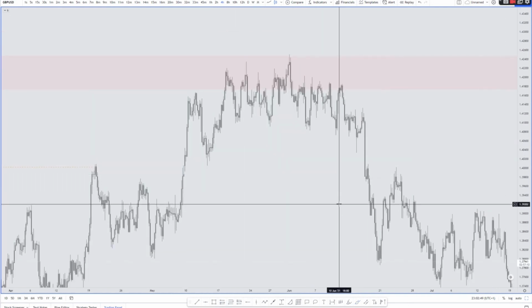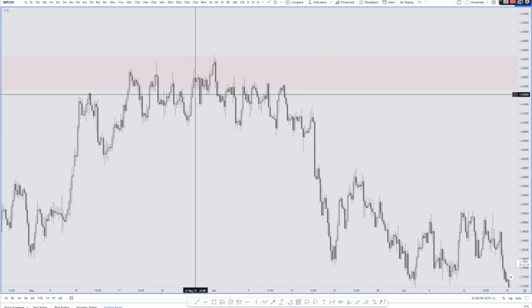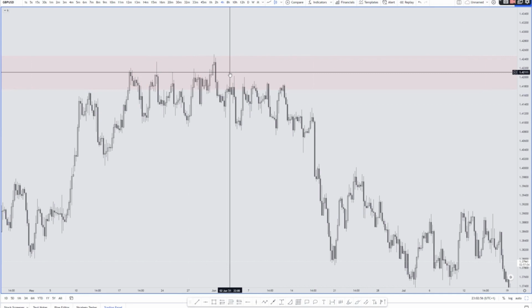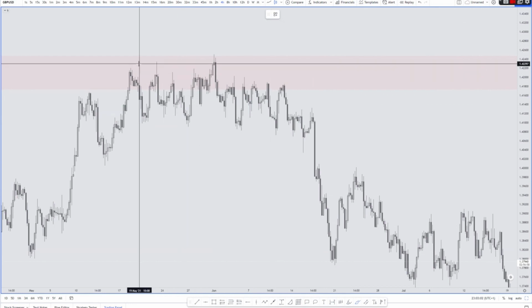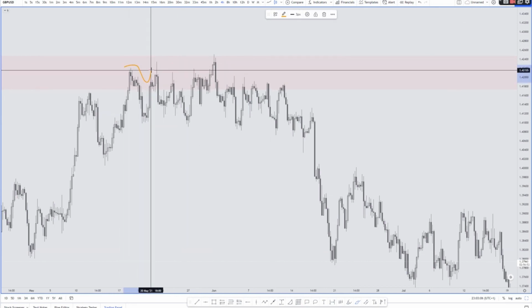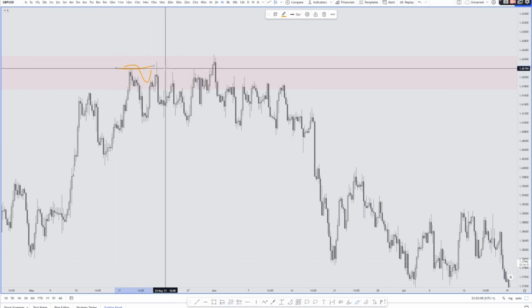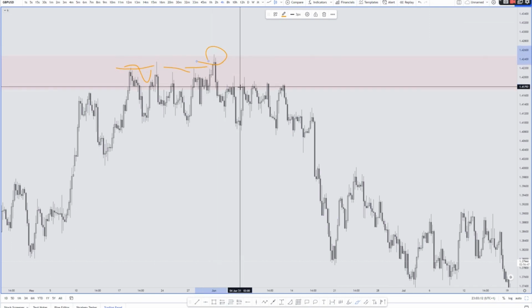So each time we failed to basically penetrate this supply, we could start building a narrative that maybe this supply is holding and we're likely to go down. We'll talk about this a little bit. I'll get into this in the liquidity section more, but you could see we build liquidity, we wipe it, we build liquidity again, we wipe it with this wick.